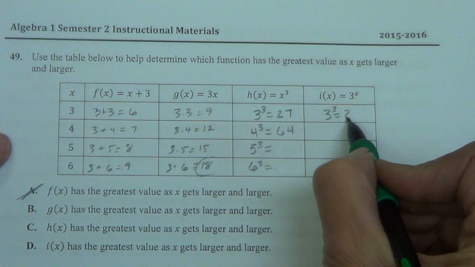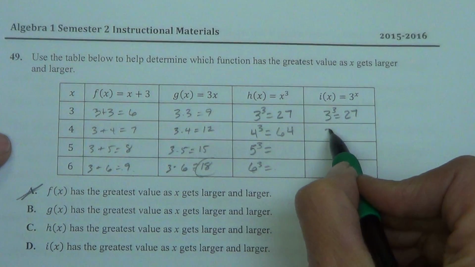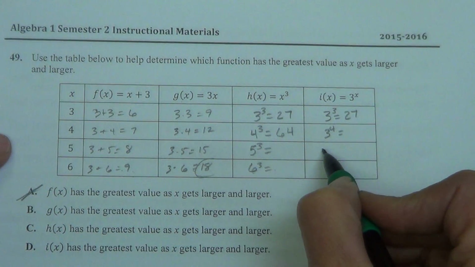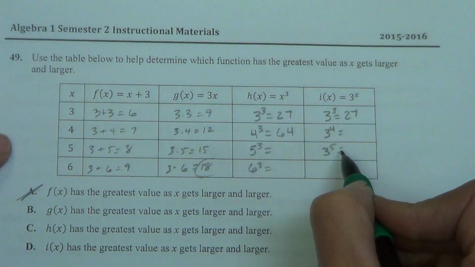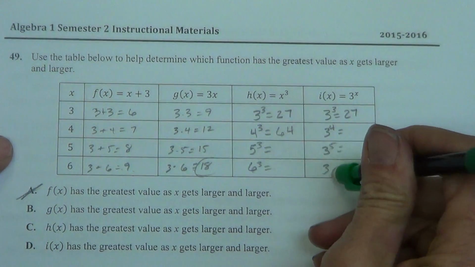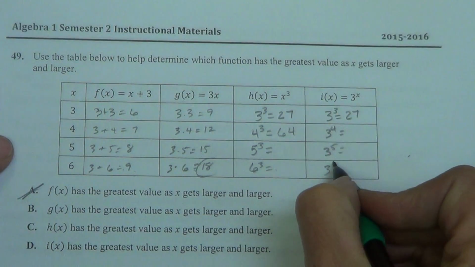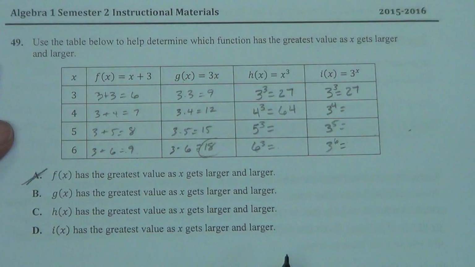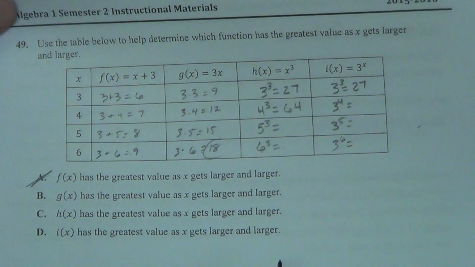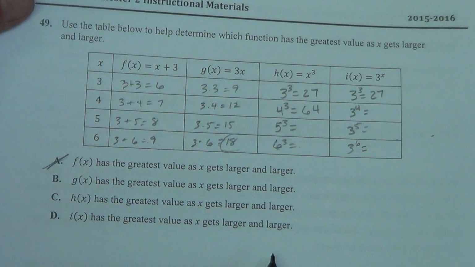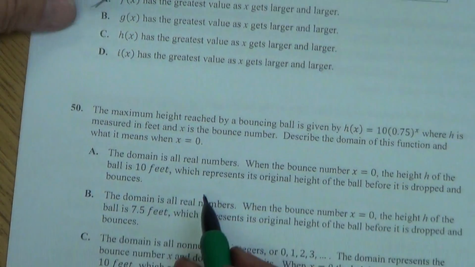Well, we know that's 27. 3 to the fourth, figure that out. 3 to the fifth. 3 to the sixth. Whoops, not 3 times 6. 3 to the sixth. Calculate those and you decide which function is it that gains the most the quickest. Okay? As it gets larger and larger, which one's the largest? So you mark the correct one.